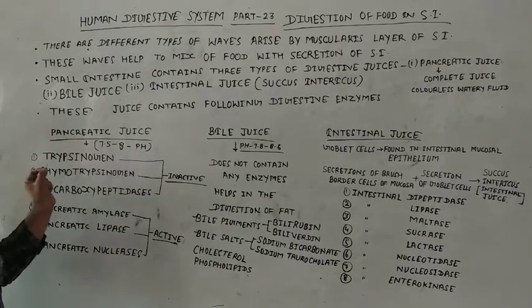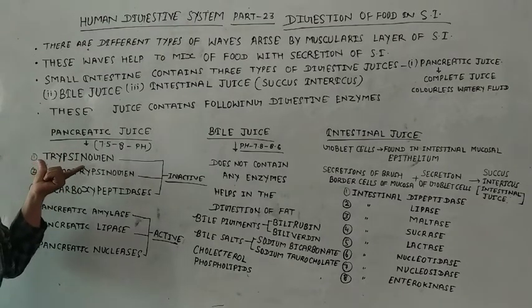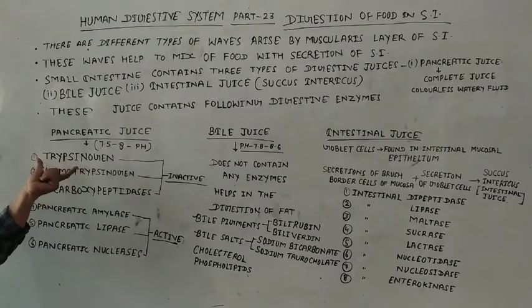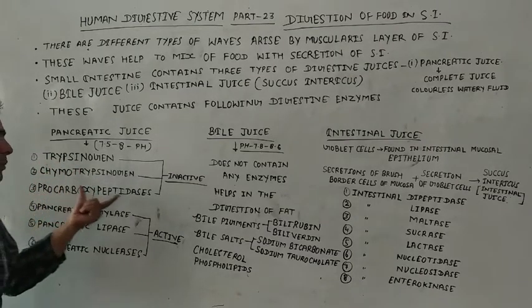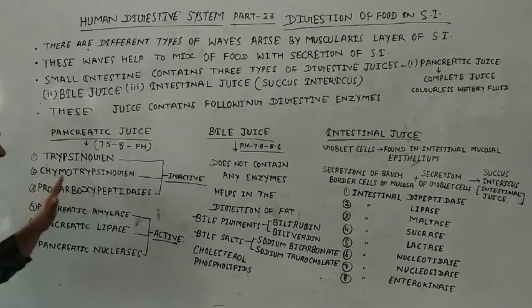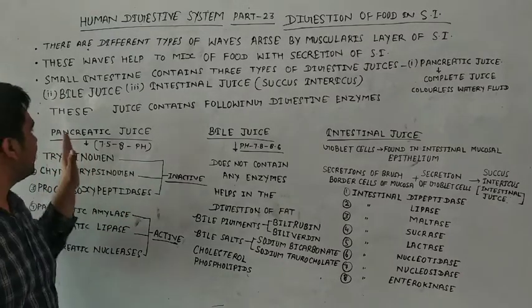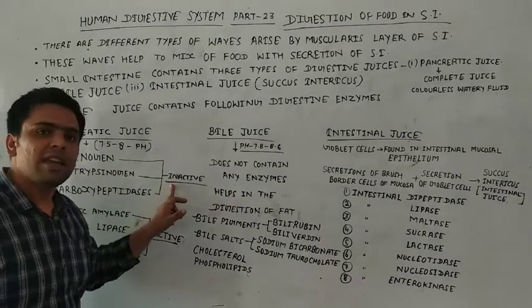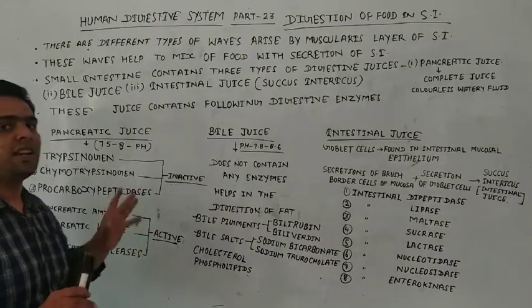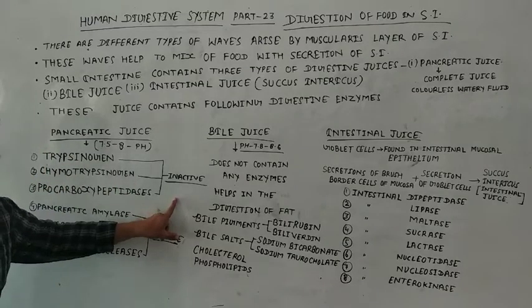The first enzyme found in pancreatic juice is trypsinogen. Clear, students? What is the name of the enzyme? Trypsinogen, chymotrypsinogen, and procarboxypeptidase. These three enzymes are found in pancreatic juice in inactive form. When there is no food in the intestine, they are present in inactive form.